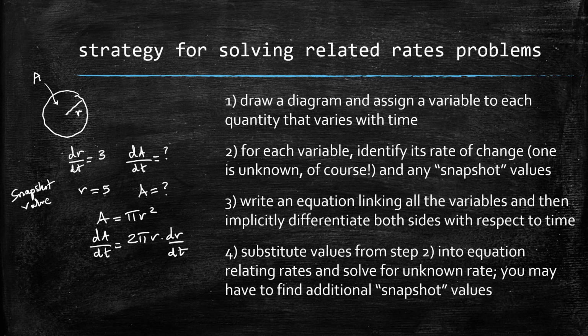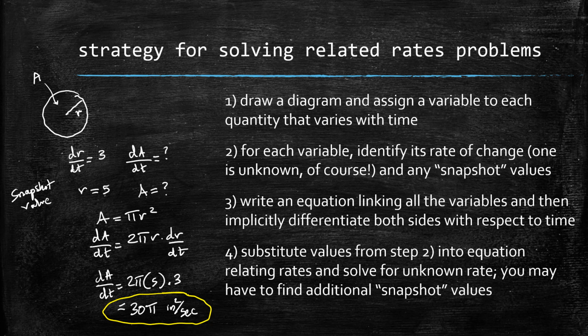So to find dA by dt when r is 5, we have 2 pi, the radius was 5, and dr by dt is 3. So that leaves us with 30 pi inches squared per second. And that's our final answer.